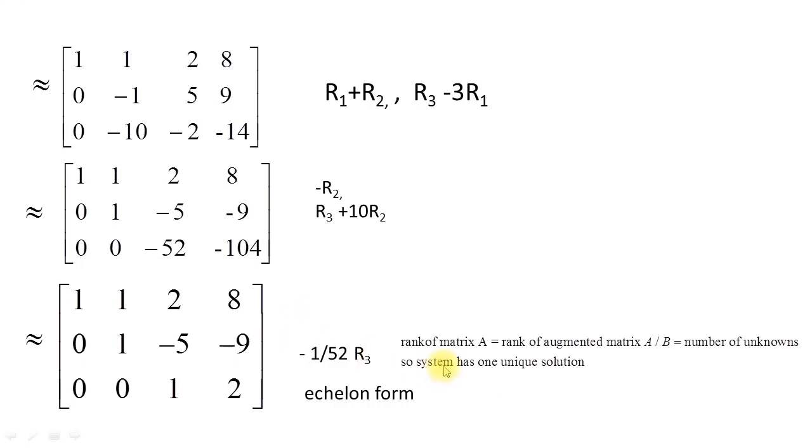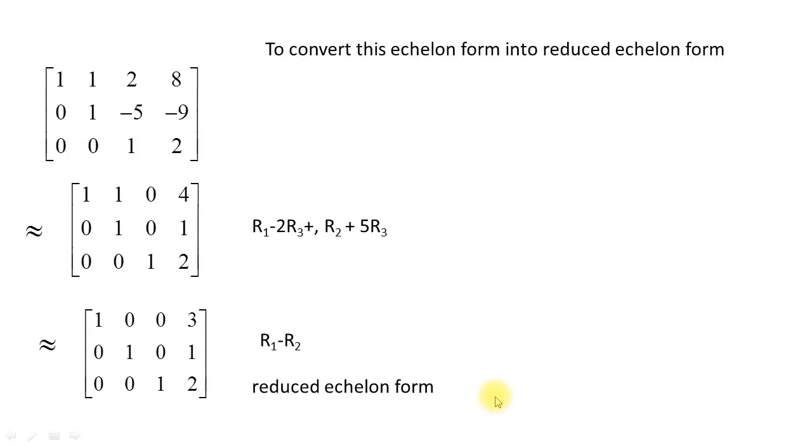But to find the solution by the Gauss-Jordan elimination method, now convert this echelon form to reduced echelon form by performing some more row operations. This is the echelon form.